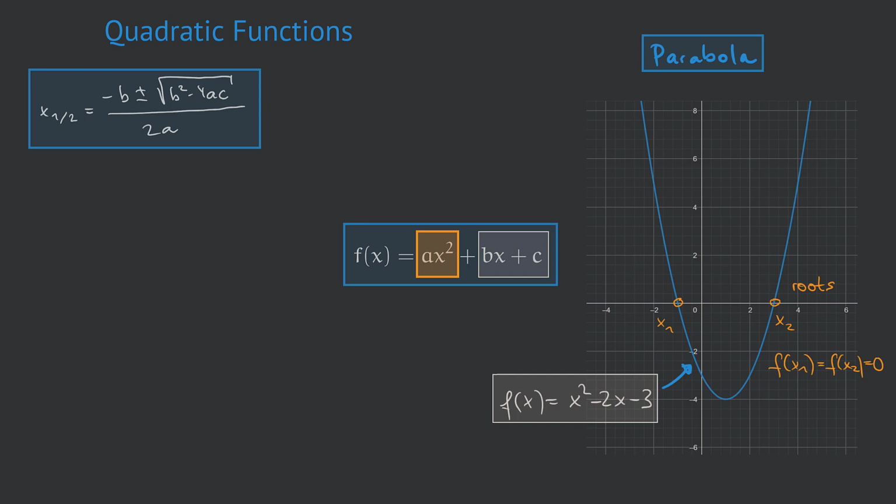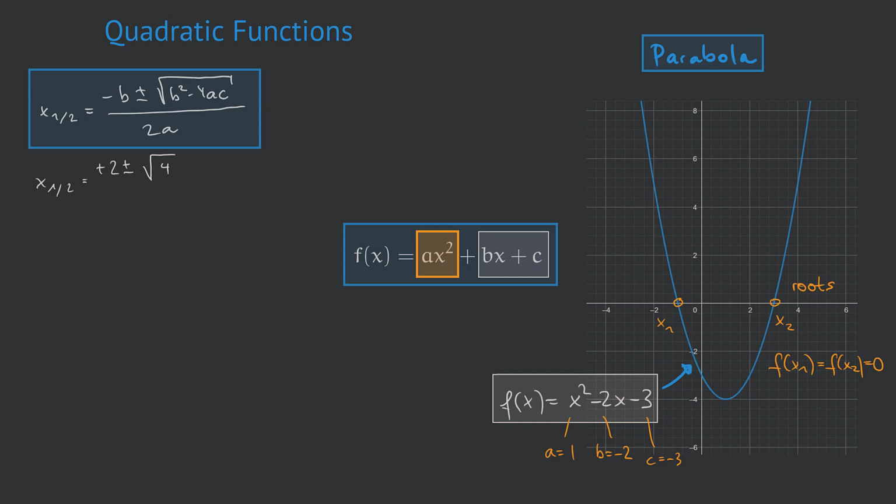Now let's apply that formula to our example. In our example, we have a equals 1, b equals minus 2, and c equals minus 3. Using these values, we get x1,2 equals plus 2 plus minus the square root of, now b squared, b is minus 2, so we have 4.